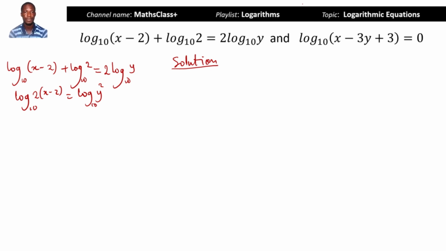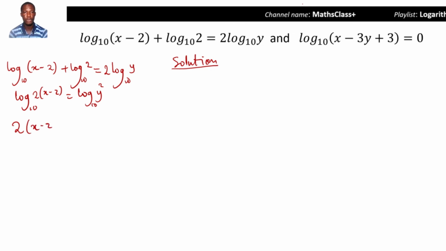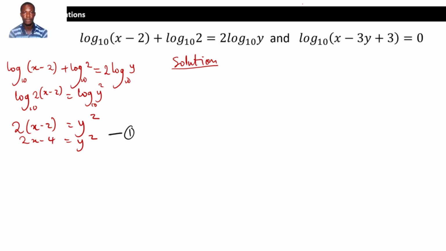And this, I have to find antilog of both sides. When I do, I'll get 2 multiplying x minus 2 is equal to y squared. And I will just open this bracket and have 2x minus 4 is equal to y squared. And I'll label this as my equation 1.